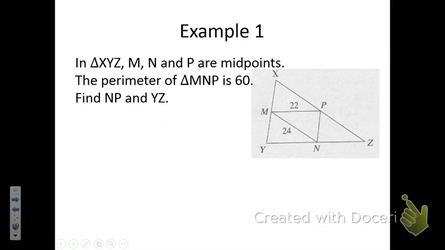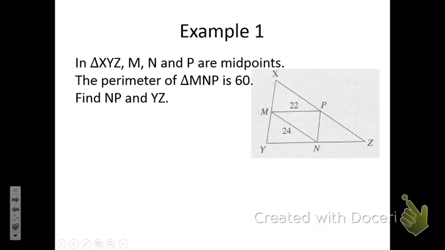Okay? So the first one it's asking me to find is N to P. So what other piece of information might be helpful for me to figure out what N to P is? Okay, my 22 and 24, absolutely. What else can I use? My 60. Okay, it told me that my perimeter all the way around is 60. That's all three sides added together. Well, we know two of the sides, so what can I do?